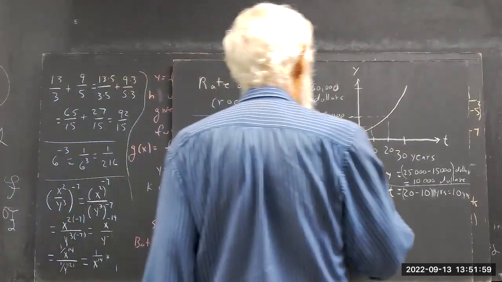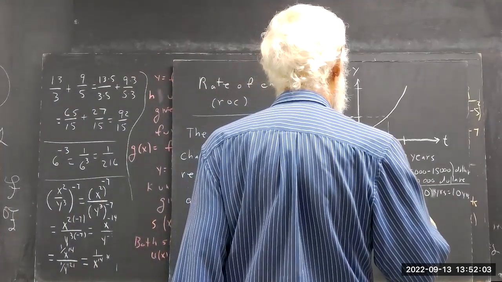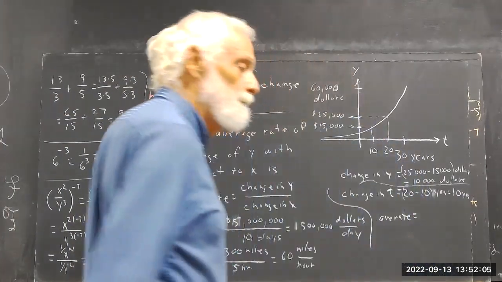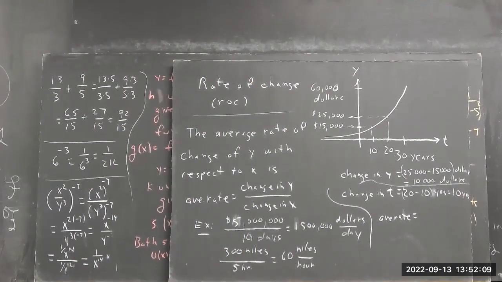So what's the average rate? What did I define average rate to be? We divide one thing by the other, right? The change in one thing divided by the change in the other.